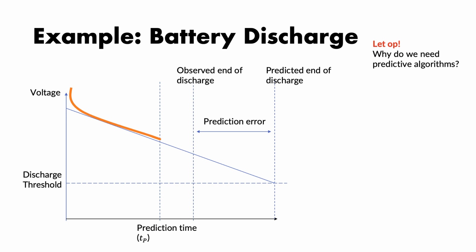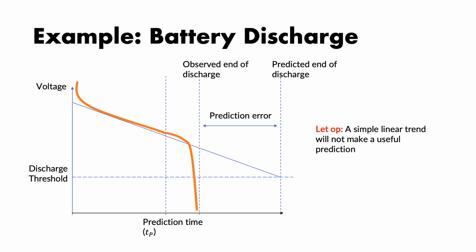Well, we need it because in the specific case of the battery, it's going downwards exponentially at some point, following the PF curve idea. So if we would expect it to go down linearly, we would have a large prediction error. So we need to be able to use more advanced methods to do prognostics on batteries and in most systems.